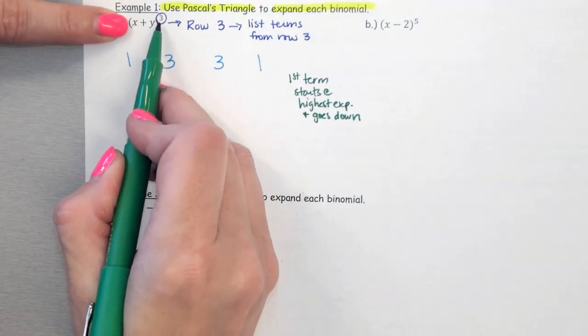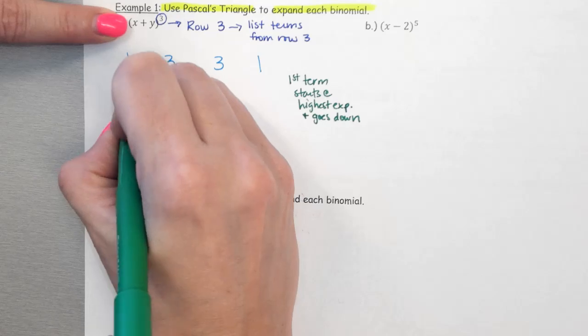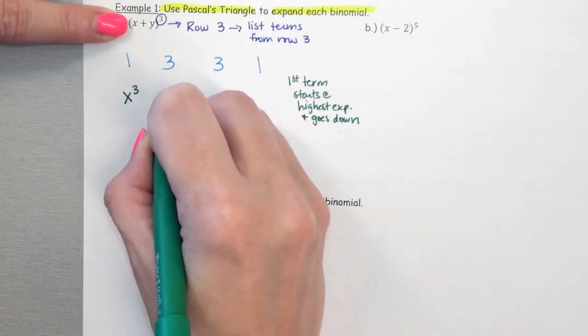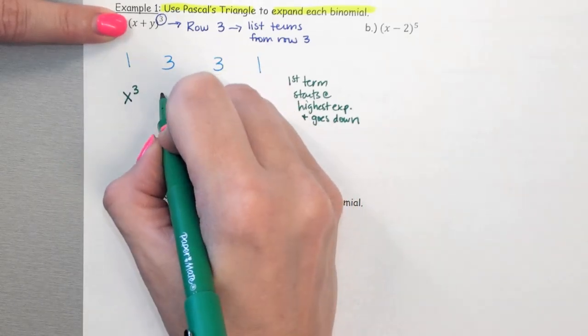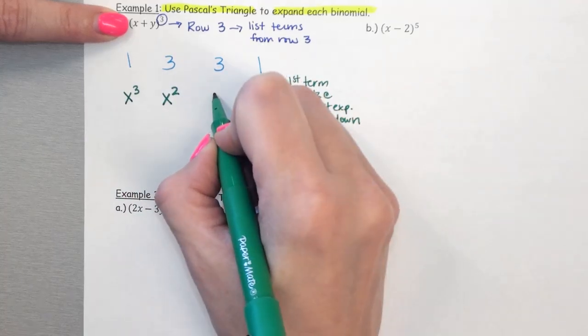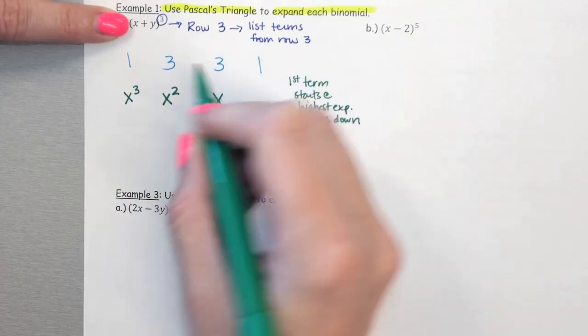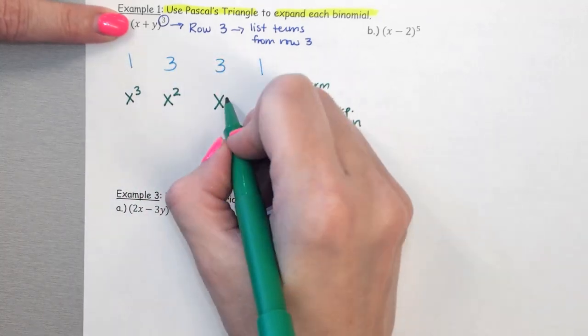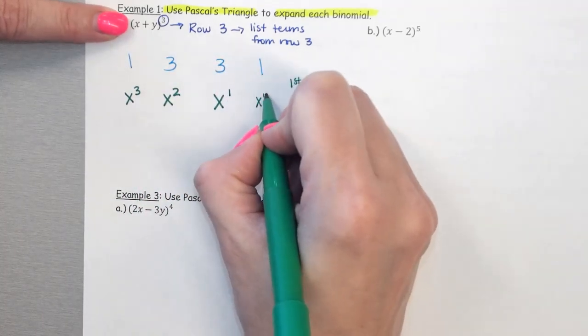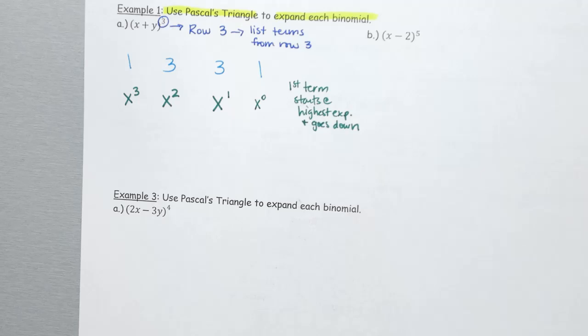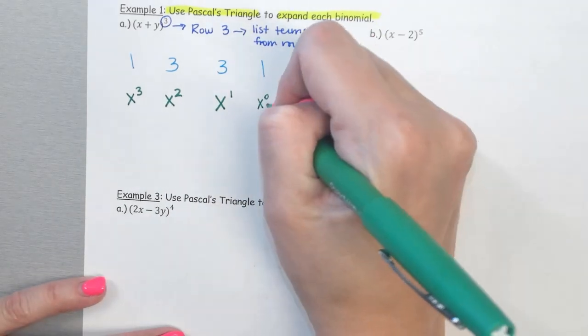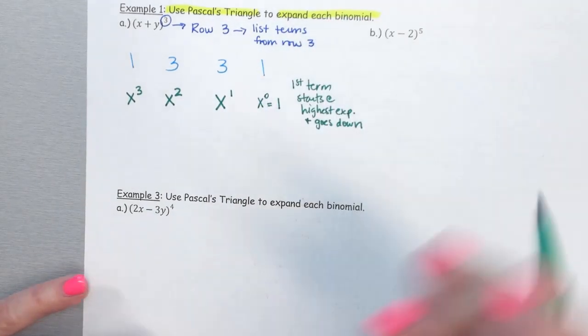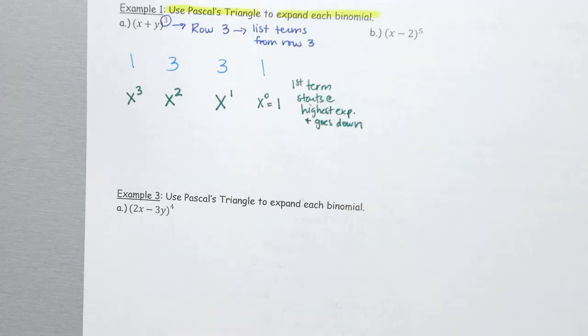The highest exponent is going to be 3. So this would be x cubed. What's the next one going to be? X squared. After x squared would be x. So this is x to the third, x to the second, x to the first, and then x to the 0. What is anything to the 0 power? 1. So I will start just writing 1 for that.